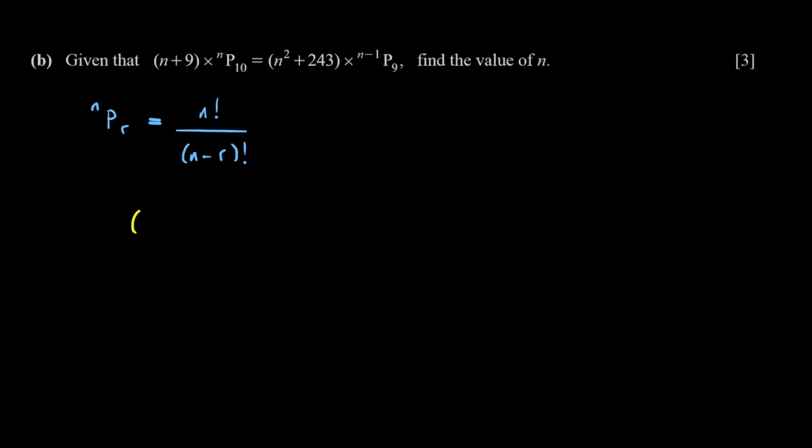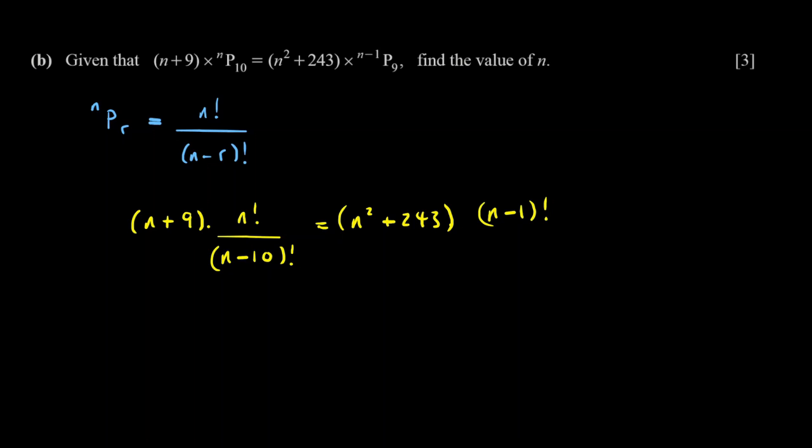We're going to have n plus 9 times nP10, which can now be written as n factorial divided by n minus 10 factorial. And that's going to be equal to n squared plus 243 times n minus 1 P9, which is the same as n minus 1 factorial, all divided through by n minus 1 minus 9 factorial.